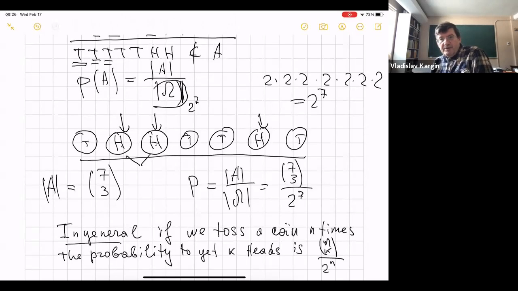But this is only under the Laplace definition that all outcomes are equally probable, and so on.